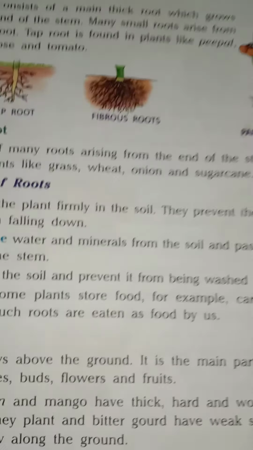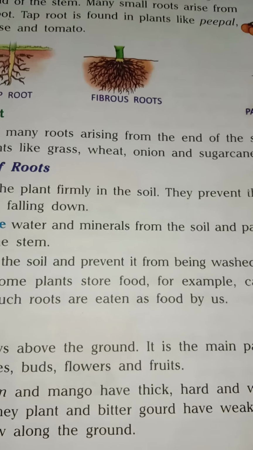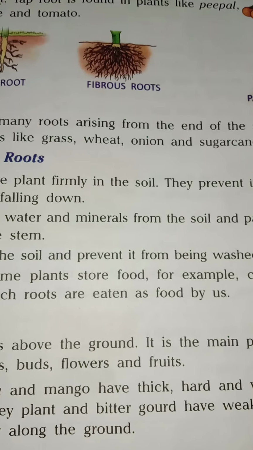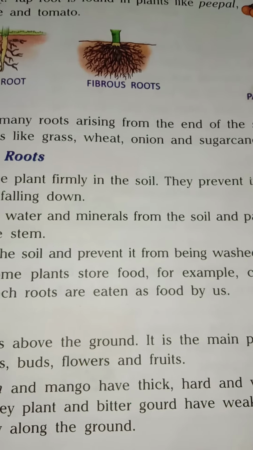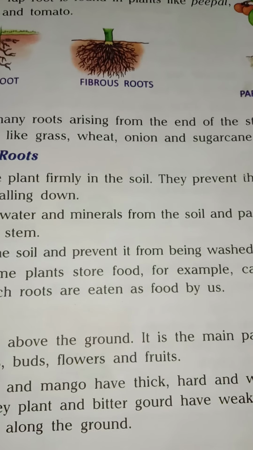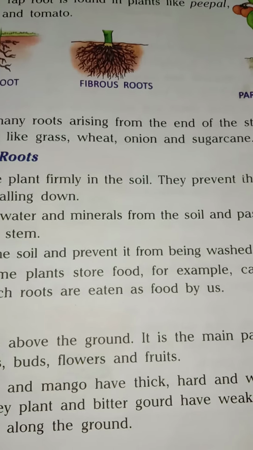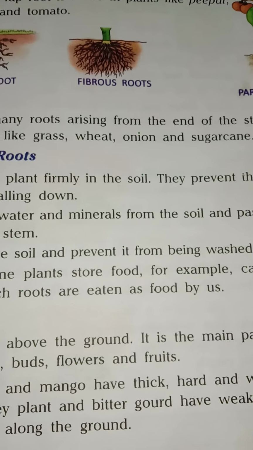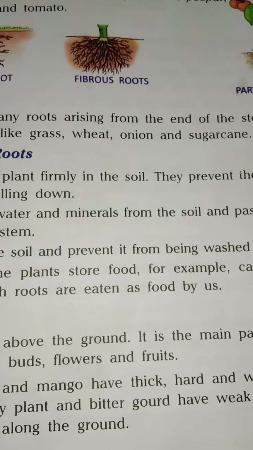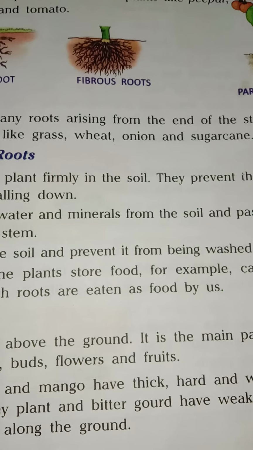Now, student, you know a plant has two parts. First is root and second is shoot. The shoot has stem, branches, leaves, buds, flowers and fruits. Stem is a part of shoot.